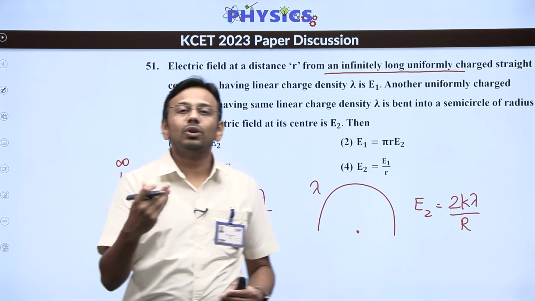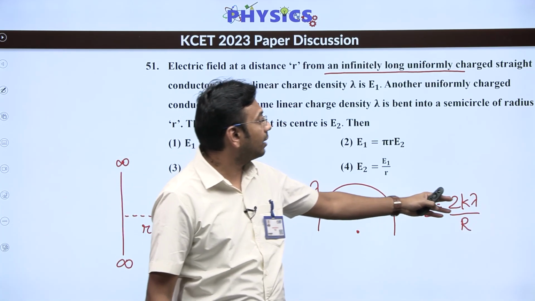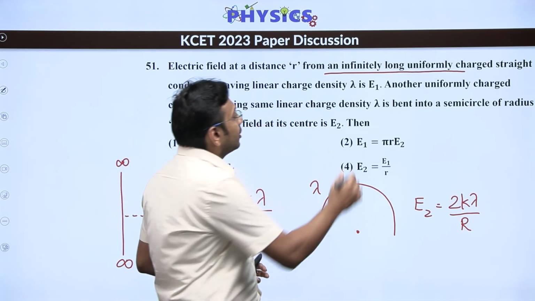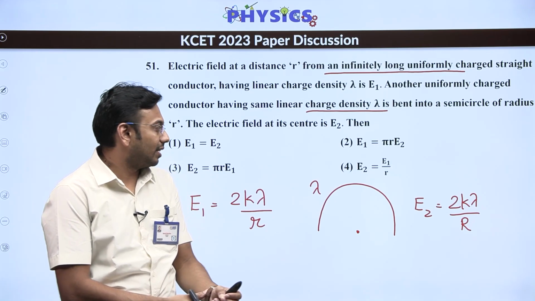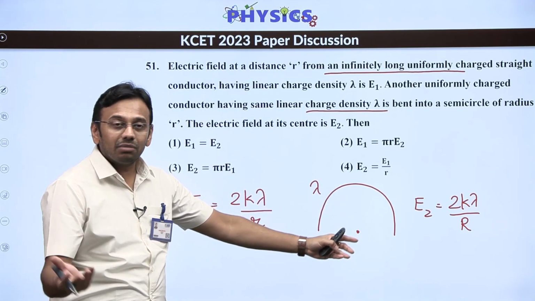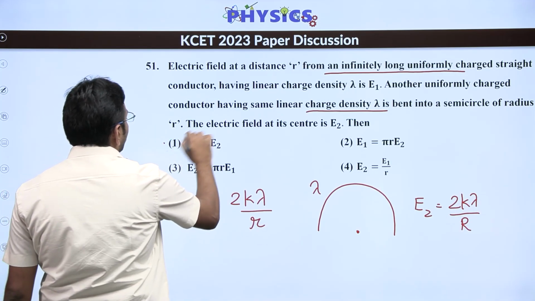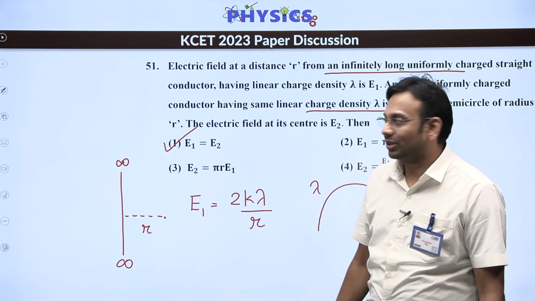We could write it in terms of q also, but here they have given it in terms of the charge density, so directly we can get the result. So clearly both the fields are the same in magnitude, and therefore E1 will be equal to E2. The first option is the correct answer.